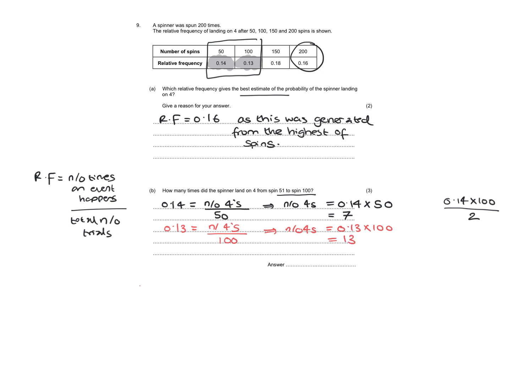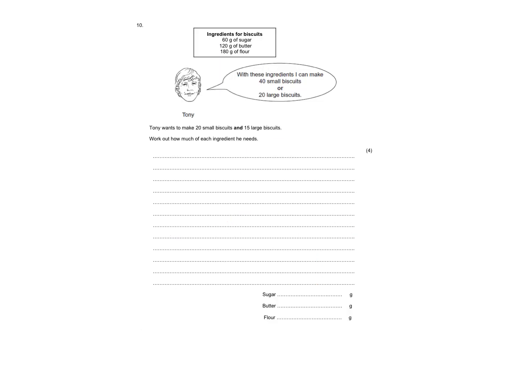So from spin 0 to 50, the number of 4s is 7. From spin 0 up to spin 100, the number of 4s is 13. So the question's asking us how many 4s are there from spin 51 to spin 100. Well, it's the difference between these. It's 13 take away 7, and the answer is 6.